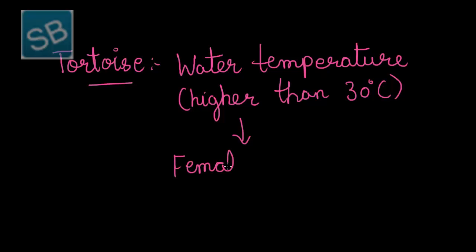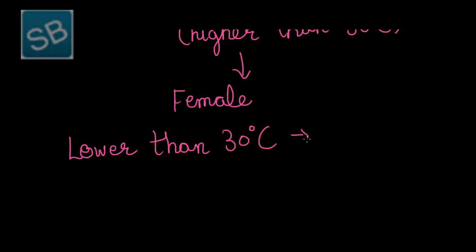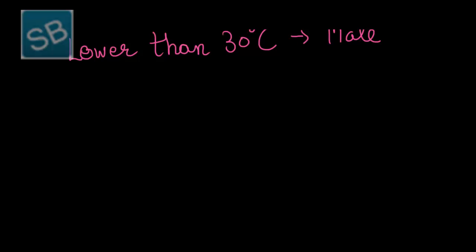That is, the zygote after undergoing fertilization would develop into female. On the contrary, if the water temperature is lower than 30, then the zygote will get developed into male. Such an environmental effect also plays a very important role in other animals like crocodile.